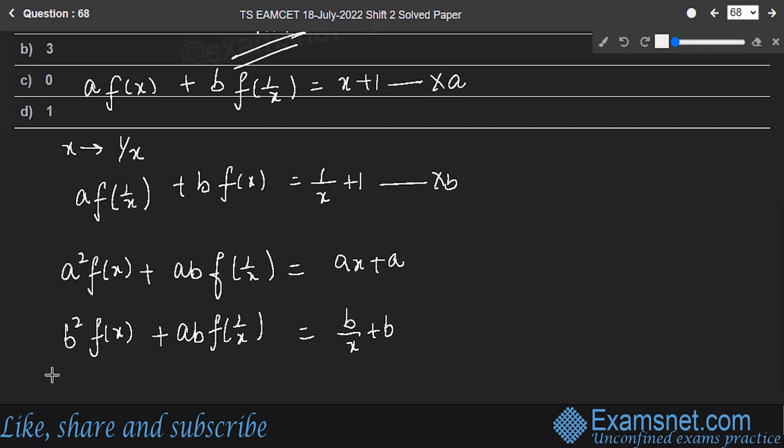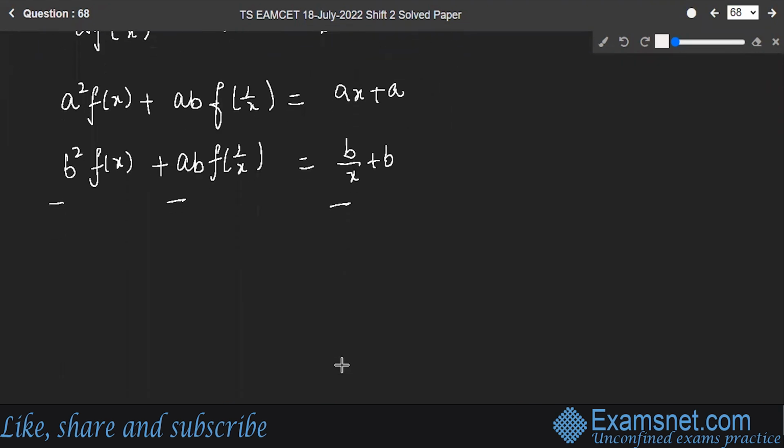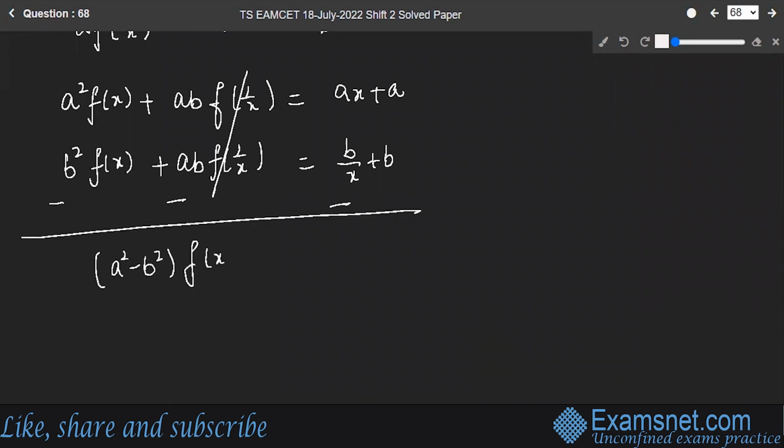Now let's do the subtraction of these two equations. You will get, these two will get cancelled, and you will have a square minus b square fx is equal to ax plus a minus b, and minus b upon x. Now let's multiply both the sides by x square.